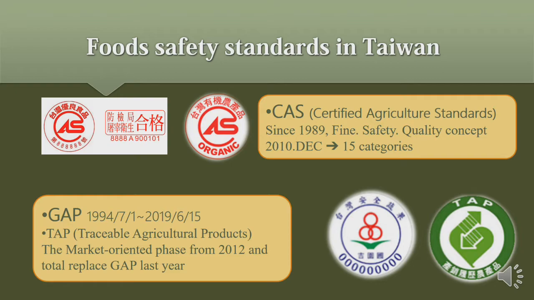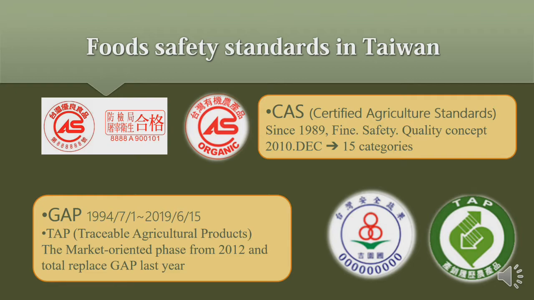And the final one, which I just mentioned in the introduction chapter, is the TAP. Do you remember the Kiwi farms? Also, I mentioned the most burgers. They have the Traceable Agricultural Products mark. These ones.